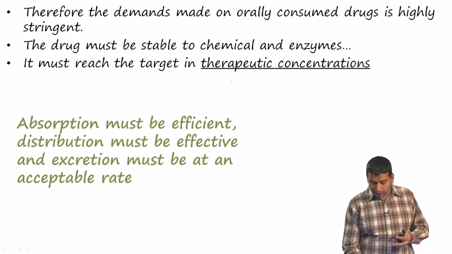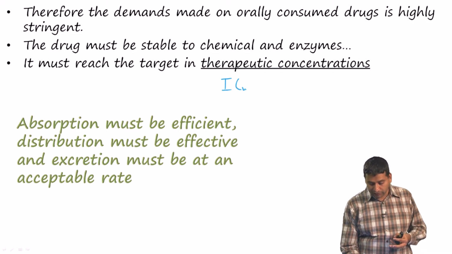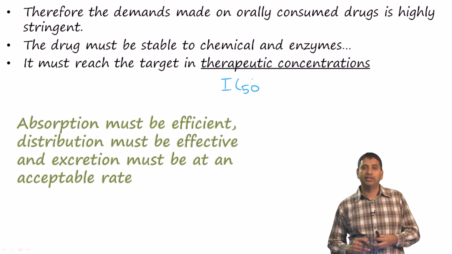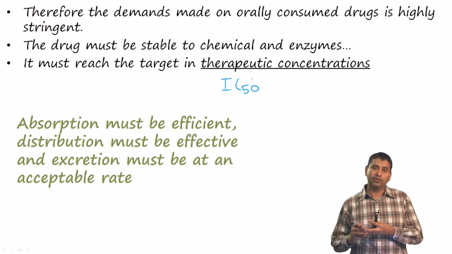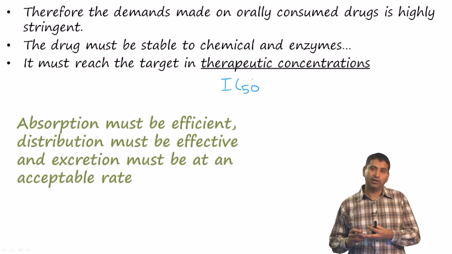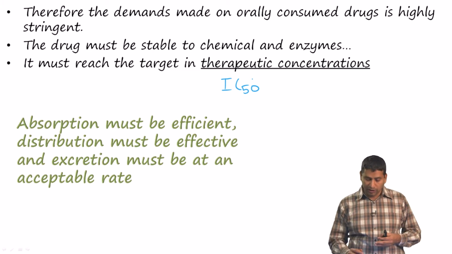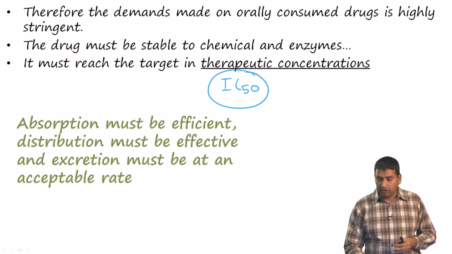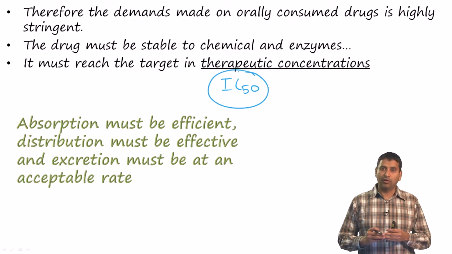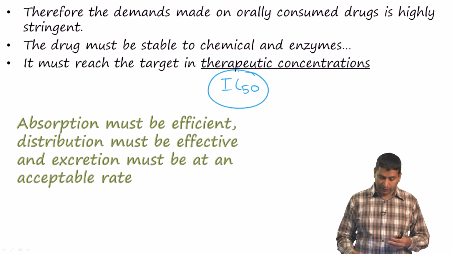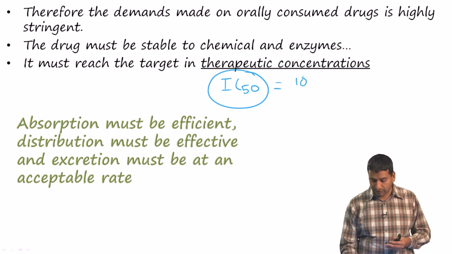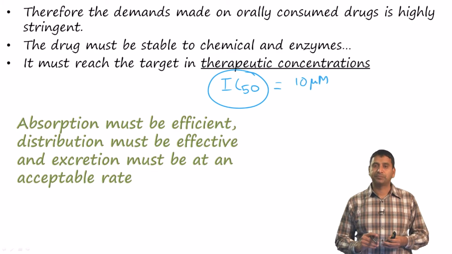We have looked at parameters such as IC50, which is basically the concentration of the drug required to inhibit 50% of, let us say, an enzyme activity. Okay. So, let us say IC50 is some 10 micromolar.